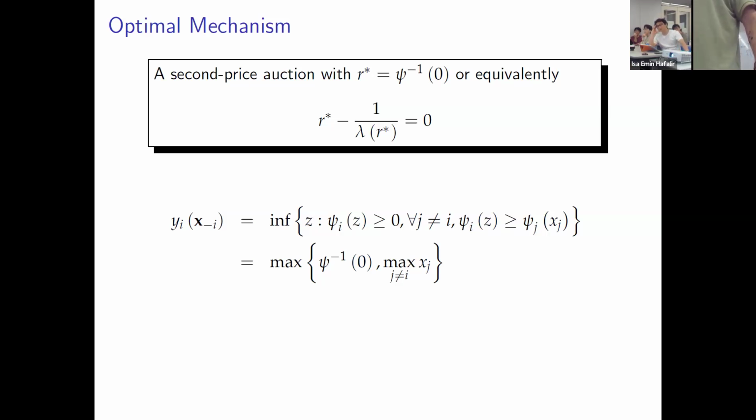Just use any standard mechanism where the reserve price is the inverse of the virtual value at 0, which is the optimal reserve price. And for uniform distributions, it is half of the value distribution.